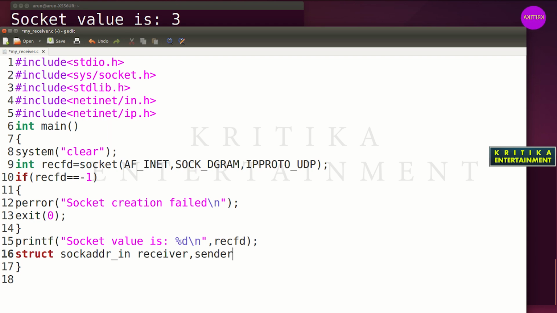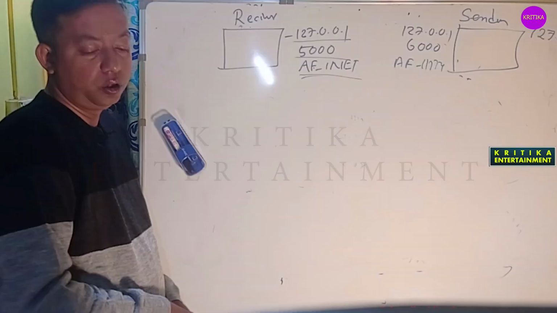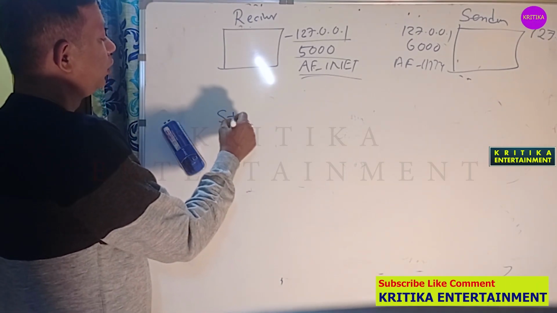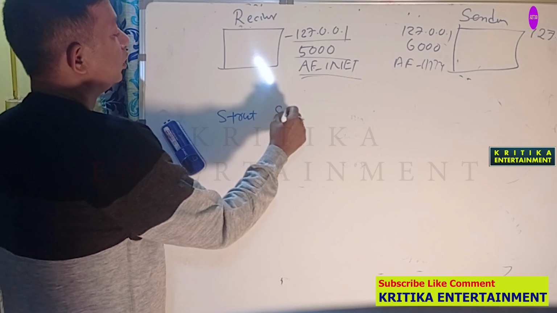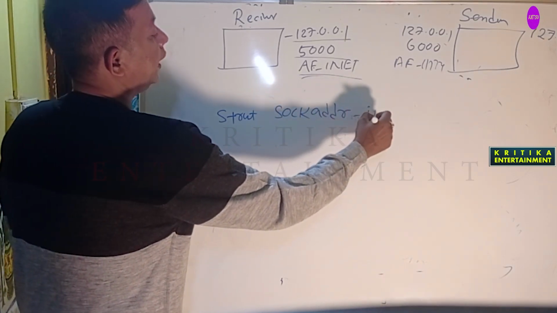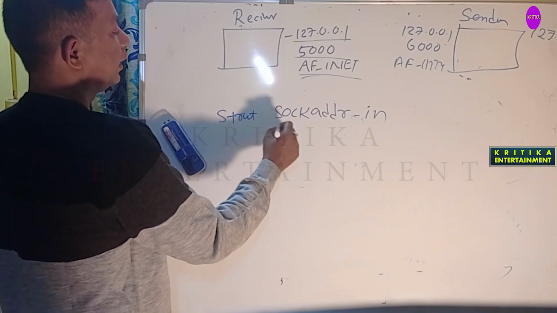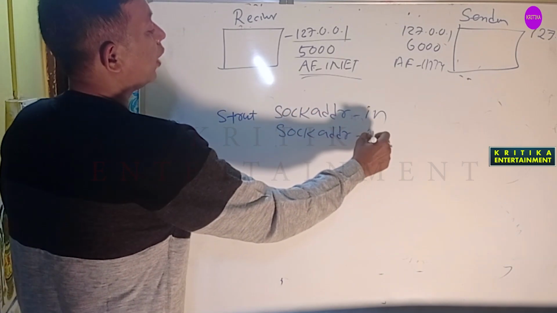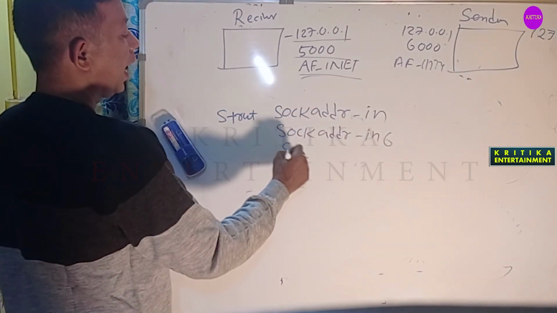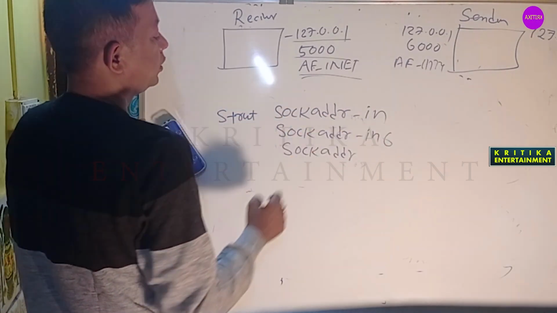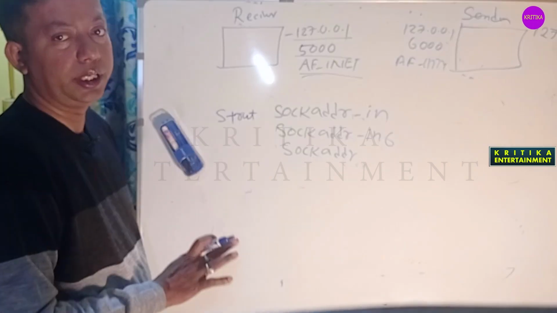I want to tell you, struct sockaddr_in is there, another sockaddr_in6 is there, and another is sockaddr only. This is the sockaddr.